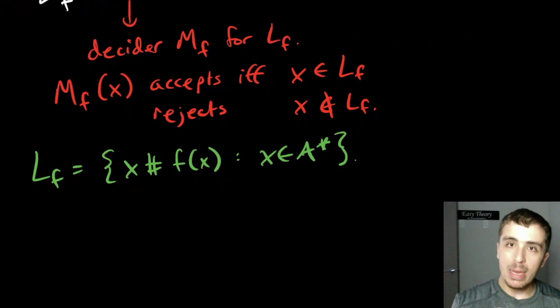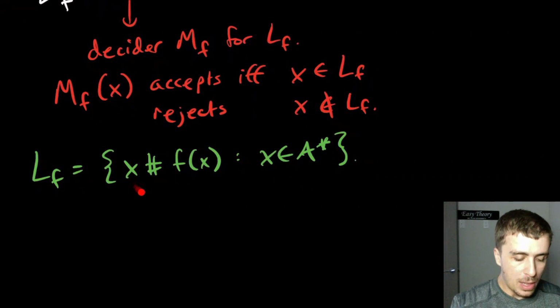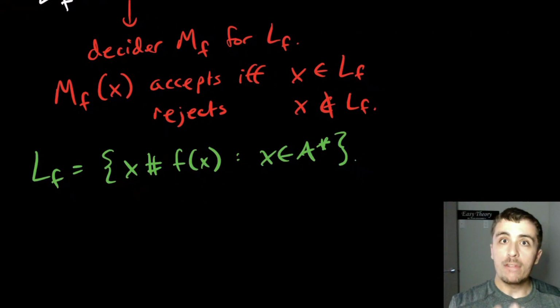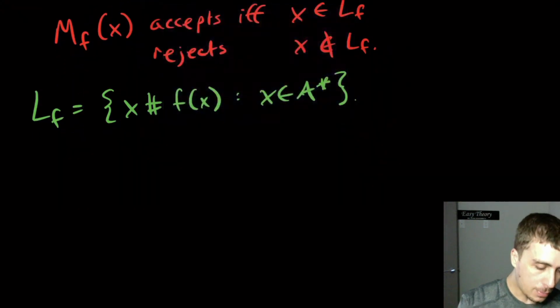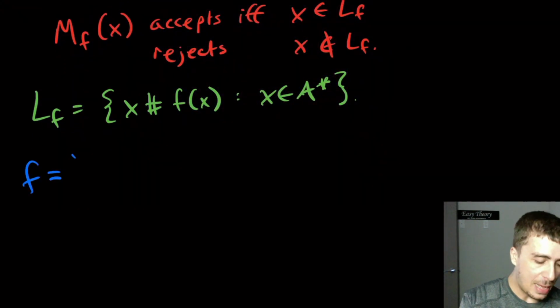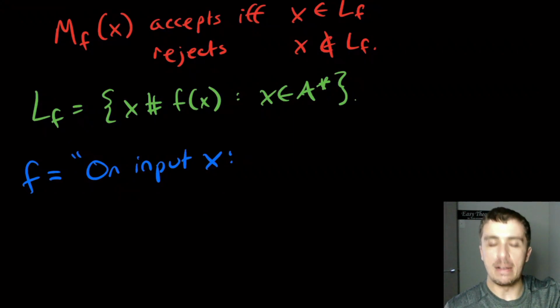So then how do we actually figure out anything about the function itself? Here we know that we want to figure out something about the function f specifically. So let's try to see what we can do. This function f is going to take some input x, and then what we want to do is produce the correct value of f of x.